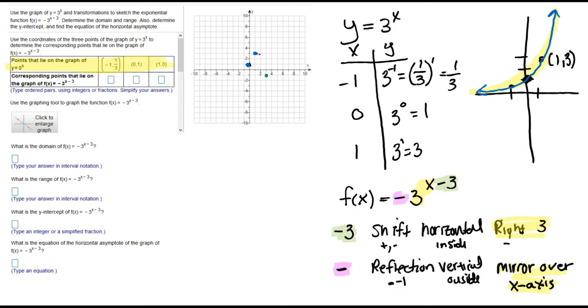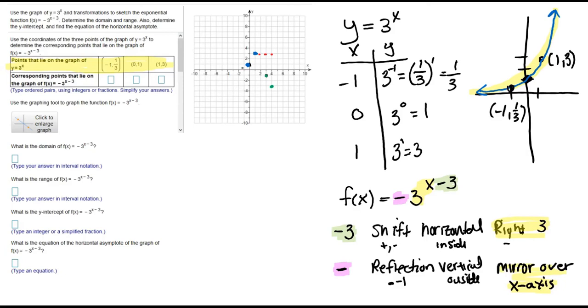If we go 1, 2, 3 over, and then we're 3 above the x-axis, we're going to reflect to be 3 below, to that spot right there. And then we're going to take this point right here, which is -1, 1/3.